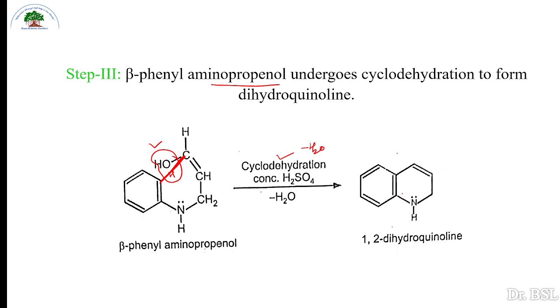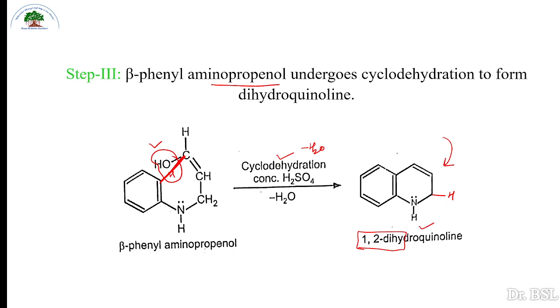Why is it known as 1,2-dihydro? Because only 1 and 2 positions are hydrogenated, otherwise it is quinoline. So here one hydrogen is extra and here one hydrogen is extra. If these two hydrogens are not there, then it is quinoline.